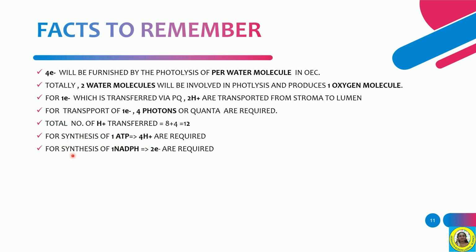Another point is that the electrons produced by photolysis help in compensating the vacancy of electrons due to electron extrusion from PS2 when it is excited after irradiation of light.